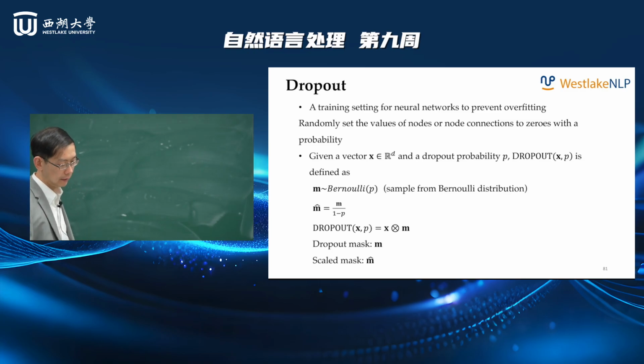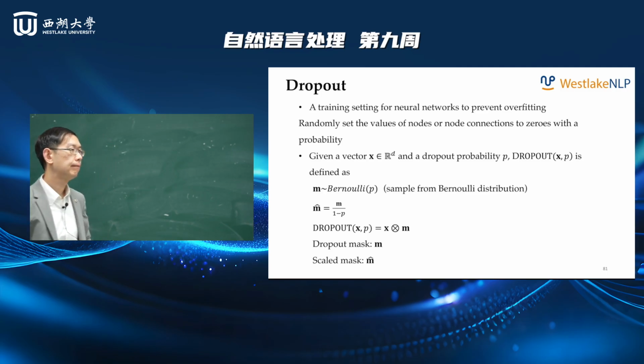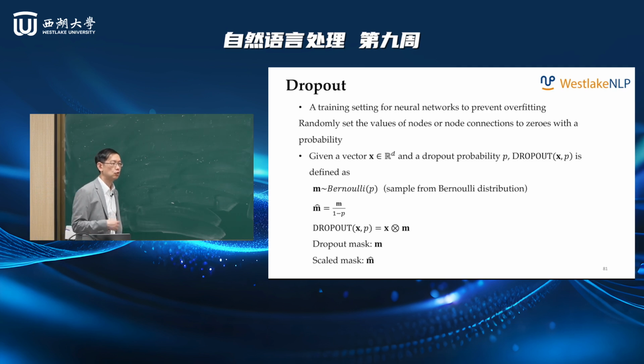In equation form, I have a mask vector M, and I use this mask vector to do a bitwise product with my input X. For every training iteration, I randomly set a proportion of the M vector to 0 and the remaining to 1. This is called dropout. Dropout can be applied not only to word embeddings, but also to hidden vectors, during training. During testing, you don't have to apply dropout. It doesn't make sense to do dropout during testing.